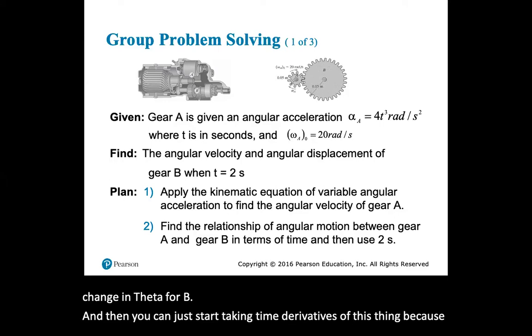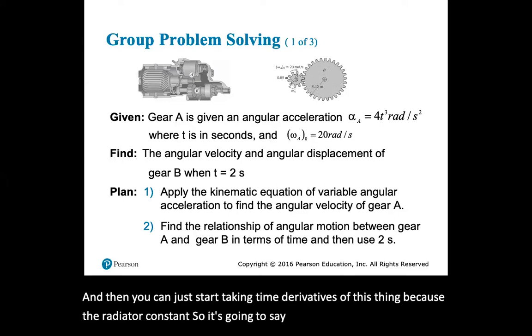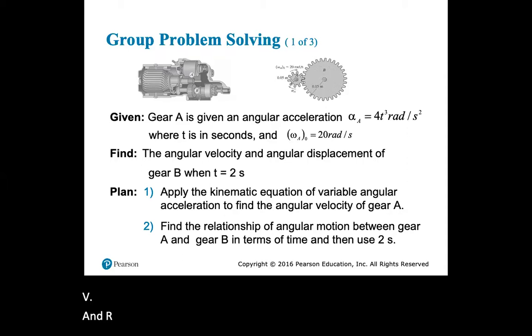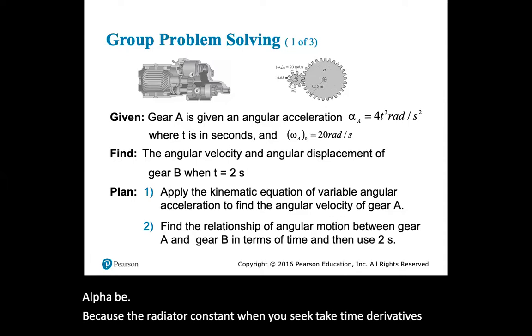So it's going to say RA omega A equals RB omega B, and RA alpha A equals RB alpha B. Because the radii are constant, when you take time derivatives, that just goes through.